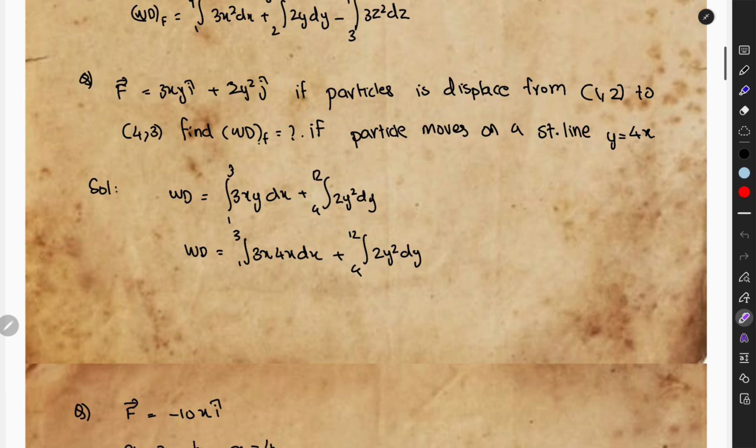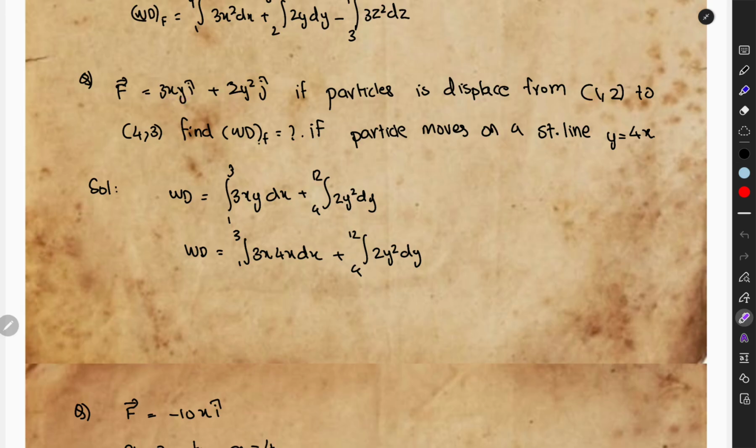So F is equal to 3xy i cap plus 2y square j cap. If the particle is displaced from (1, 2) to (3, 4), find the work done. This is a pretty different question because we have two different variables in a single direction itself.